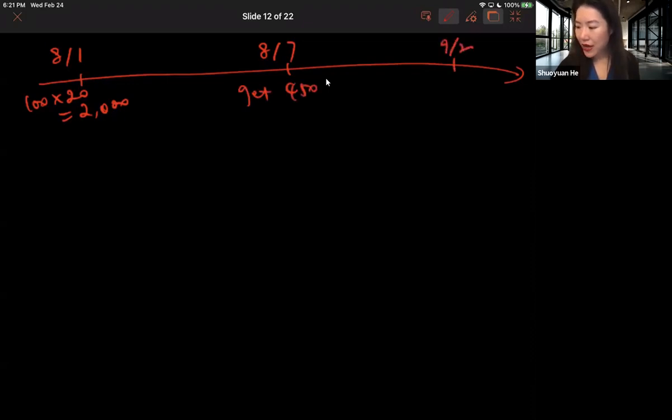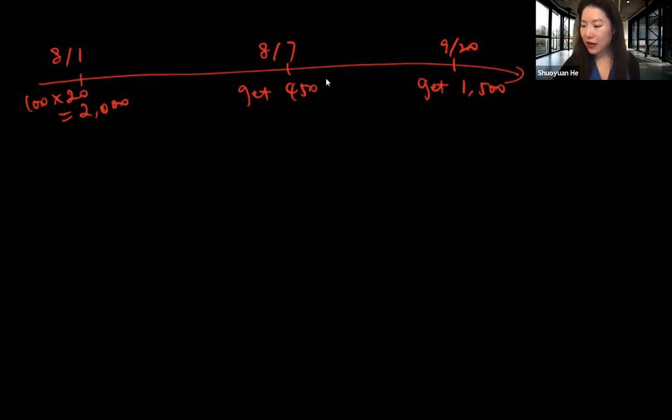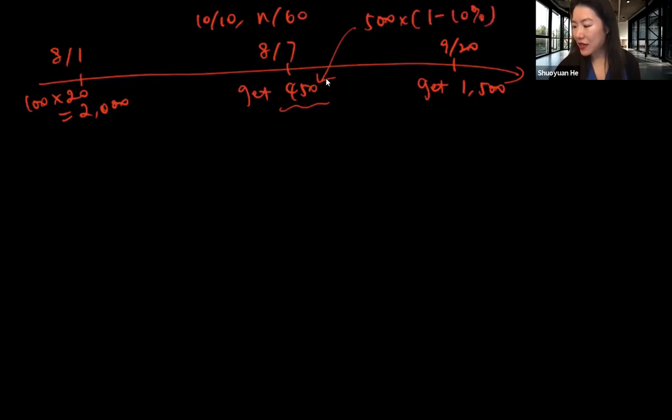On September 20th, I get the rest, 1,500. And the terms of this sale are 10/10, n/60. So this 450 is paid within 10 days. That's why I'm giving a 10% discount. So this is for paying back 500 multiplied by 1 minus 10%. So the customer only needs to pay me back 450.